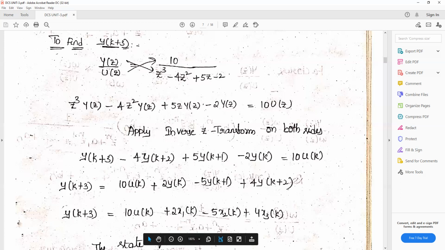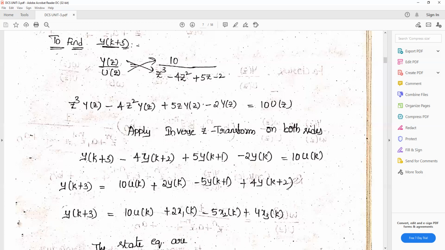The conversion is very, very important, so I clearly explained how to apply the inverse Z transform.